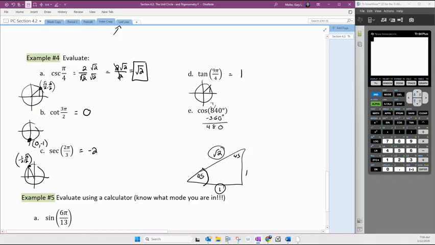Checking my math on that: 8 plus 6 is 14, carry the 1. Yep. Which is still bigger than the circle. So I'm going to take away another circle. 8 minus 6 is 2. This is a 120-degree angle is what we're talking about here. So the cosine of 840 is going to be the same answer as the cosine of 120. And 120 is 2 pi over 3. We just drew that picture over here.